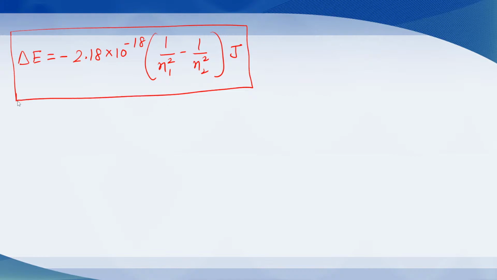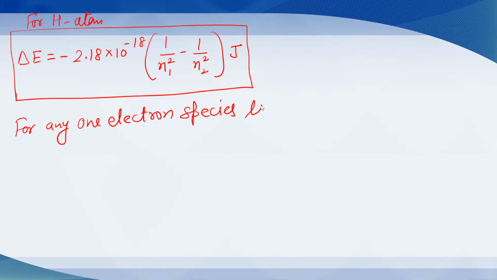So now it is for the hydrogen atom. For any one-electron species, like helium plus, where Z is 2, or lithium 2 plus, where Z is 3, because for the hydrogen atom Z is equal to 1, so we are not writing Z here.